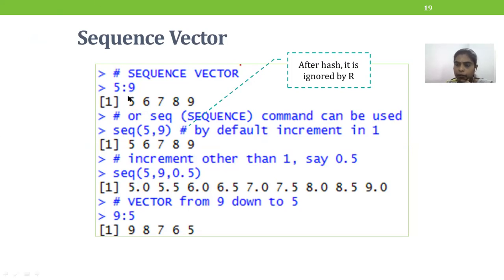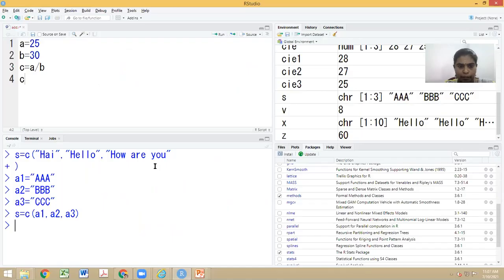The alternate for the sequence operator is the command seq. The seq function takes three values. The first value is the start of the sequence, the second value is the end of the sequence, and the third value is your increment level. Now let me execute this command.